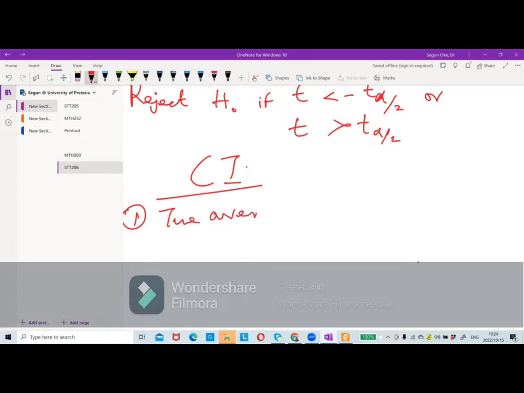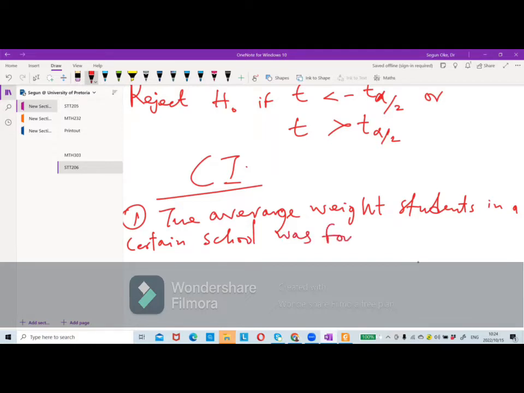The average weight of students in a certain school was found to be 165 pound, with standard deviation of 4.5.